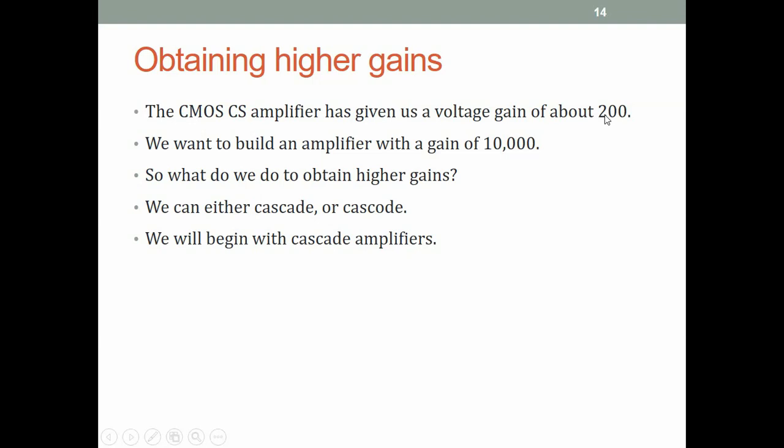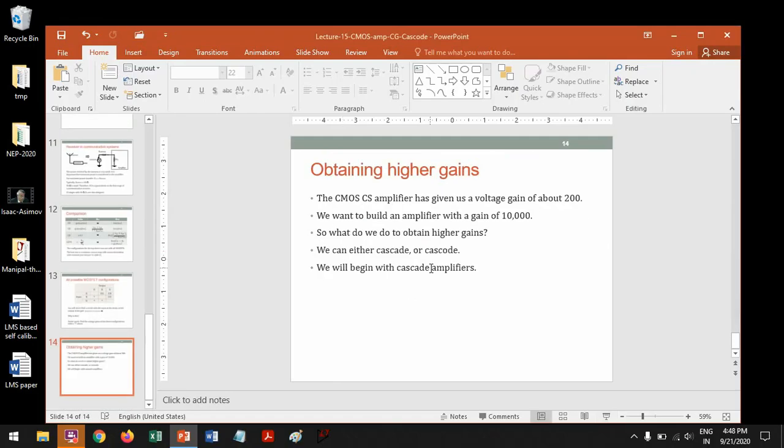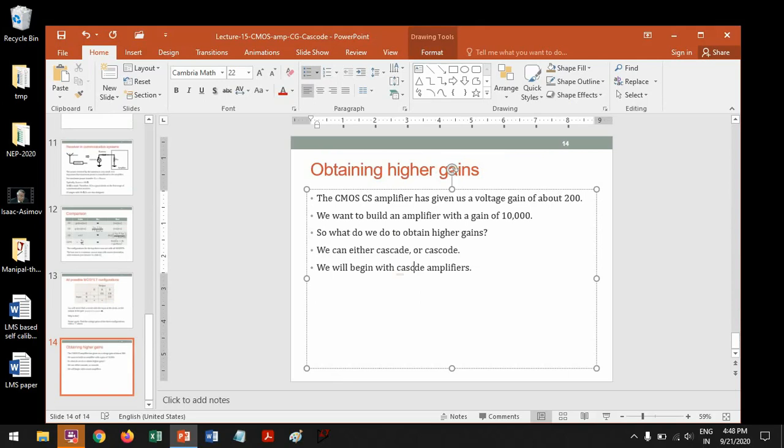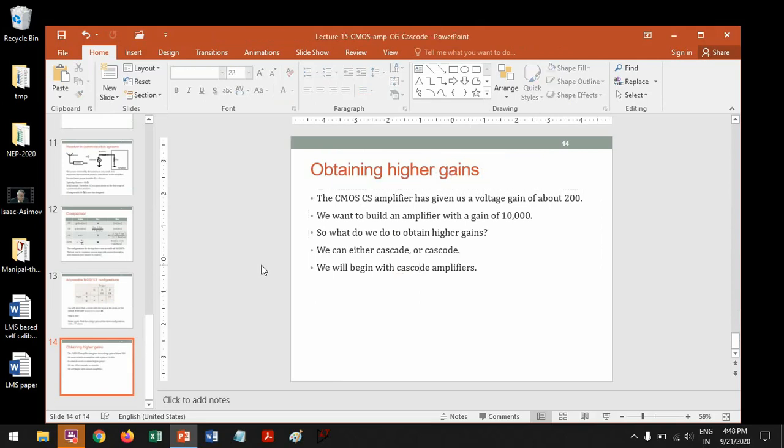So the next stage of our discussion will be cascode amplifiers. All right. So that is the end of this lecture now.